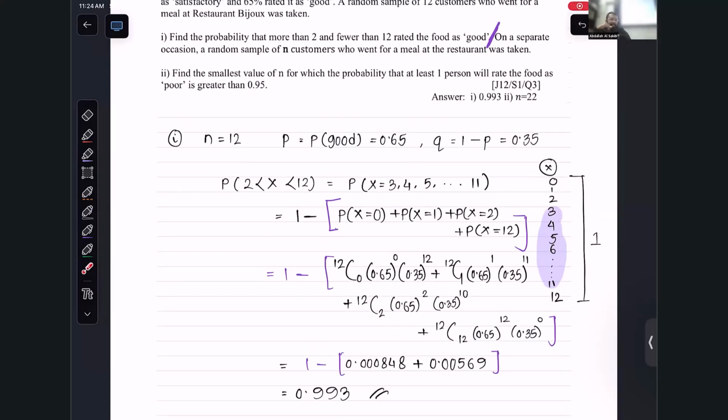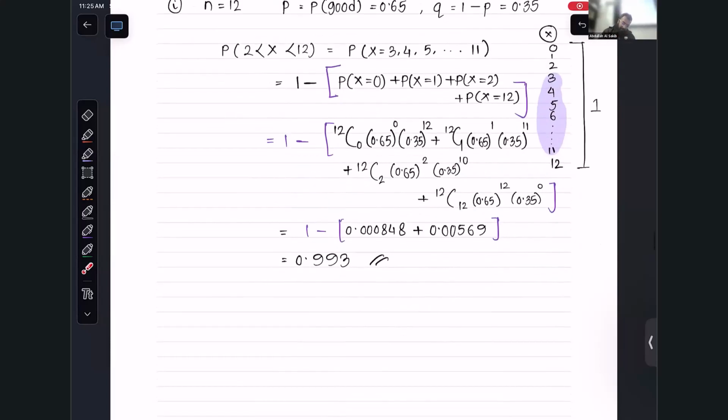So first of all, the probability of at least one will rate the food as poor. What is X here? The people who are rating the food poor. The question says at least one, that means X will be greater than or equal to 1.